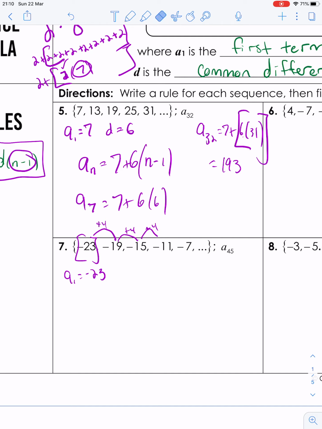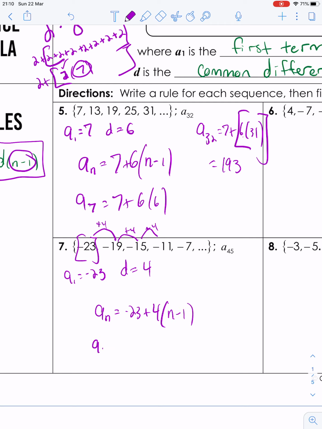Okay? So we have our D being 4. So setting it up is pretty easy, actually. Negative 23. But I just want you to understand it and not try and just memorize it, because you're going to always forget formulas unless you understand them. And we go n minus 1.